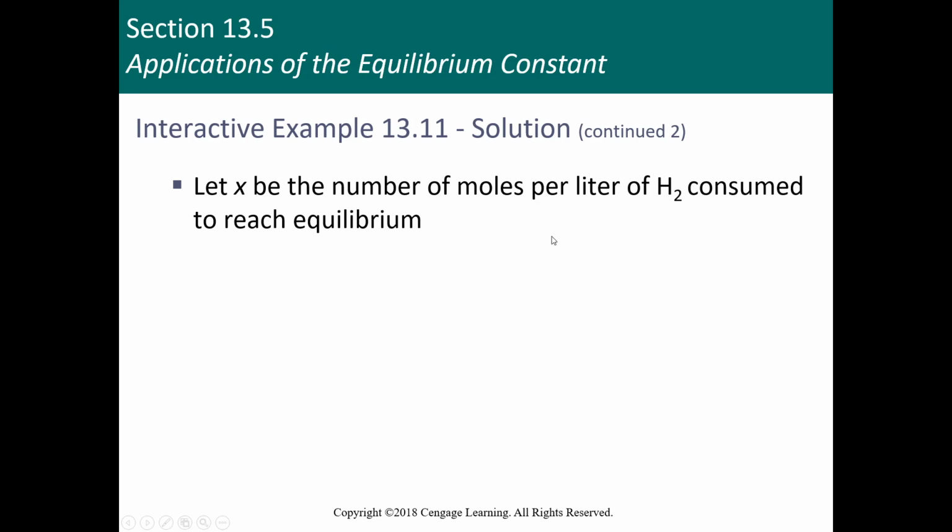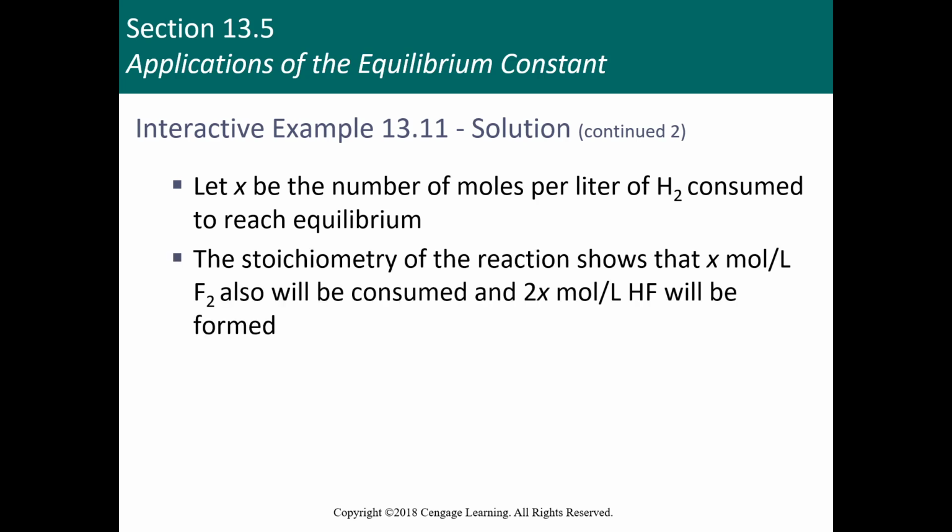So let's take x, and that will be the amount of H2 that's consumed to reach equilibrium. This same amount will then be proportionally the amount of F2 that will also be consumed, and it'll be the amount of HF that will be formed.